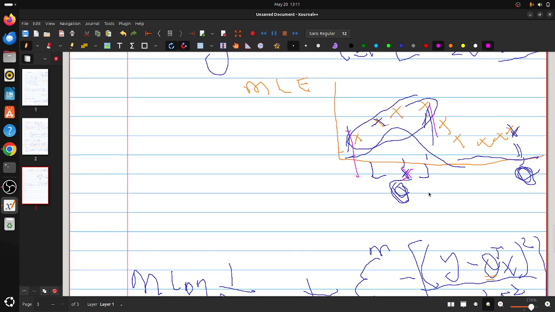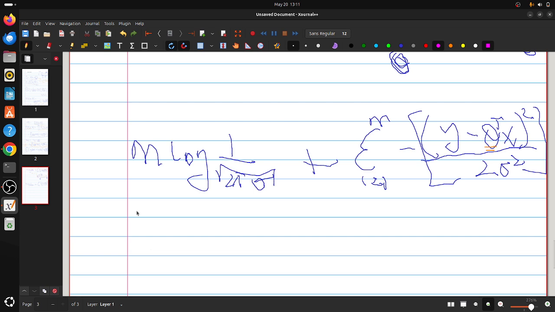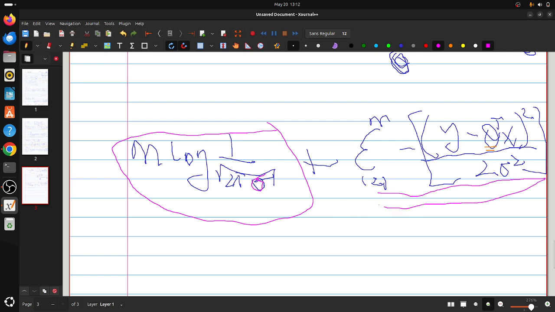If you look at this part, this is sigma, which has nothing to do with the parameter, so we consider it a constant and focus on the part which has theta.